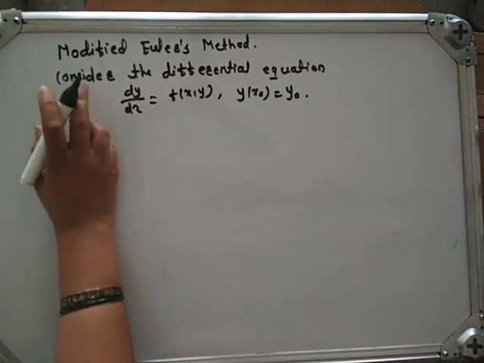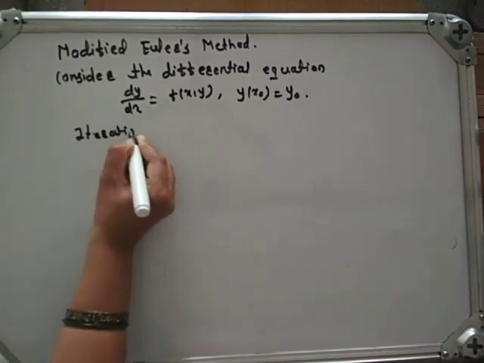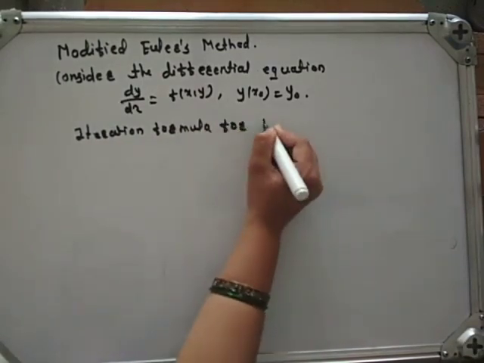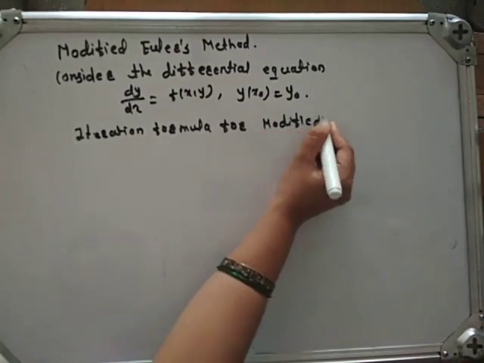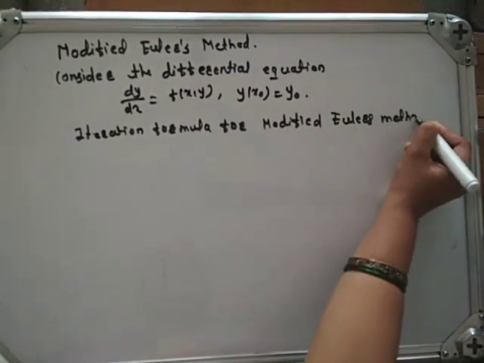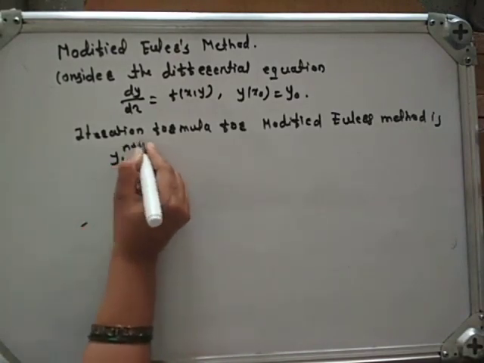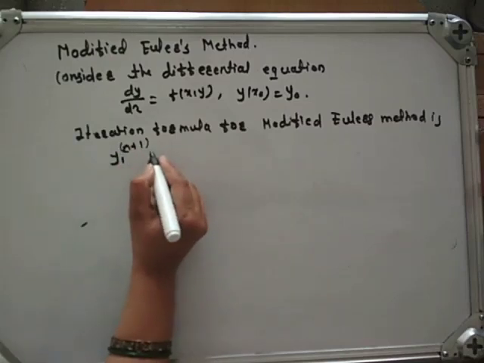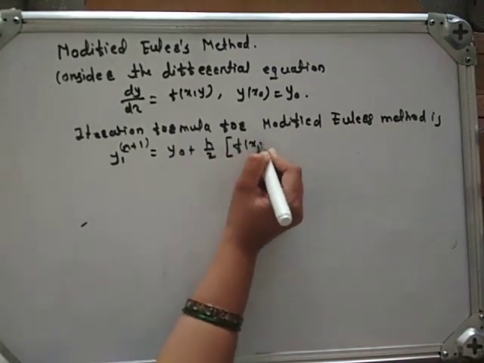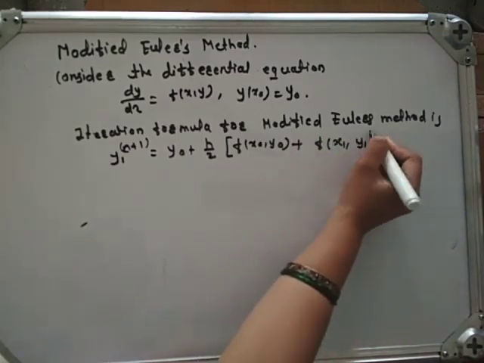So the iteration formula for the modified Euler's method is y1 (n+1) is equal to y0 plus h by 2 into f of x0 comma y0 plus f of x1 comma y1 (n).